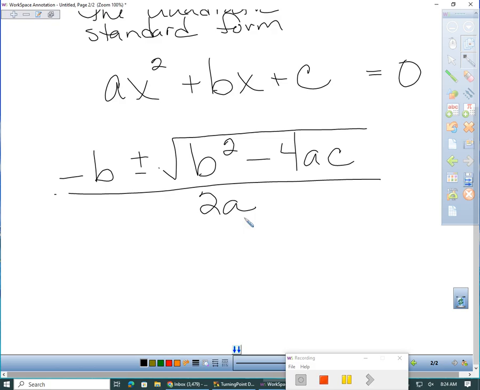This is the formula. So what we're going to do is take those three numbers that we have in our quadratic and plug them in. And we're going to type in our calculator, and we're going to get a couple answers. It's that easy. We have a positive one, and we have a negative one. Two solutions where it crosses the x-axis. A couple solutions. Not that bad. Here we go.